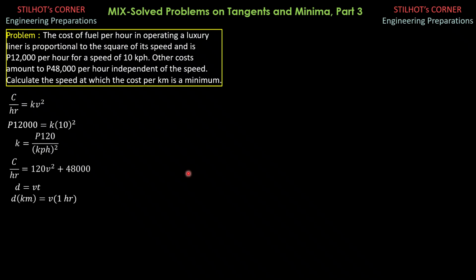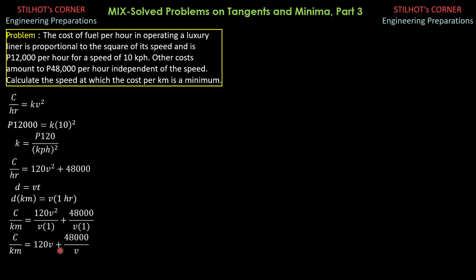So we then divide everything by V times 1. C is now cost in pesos per kilometer. So cost per kilometer equals 120 V squared over V times 1 plus 48,000 over V times 1. Simplifying, cost per kilometer is 120 V plus 48,000 over V.